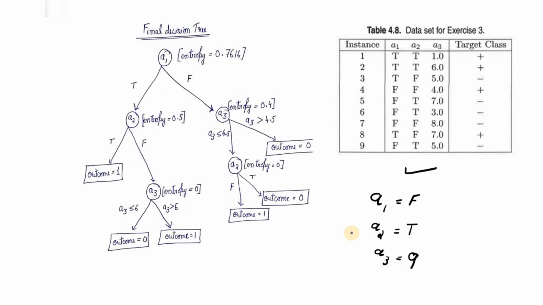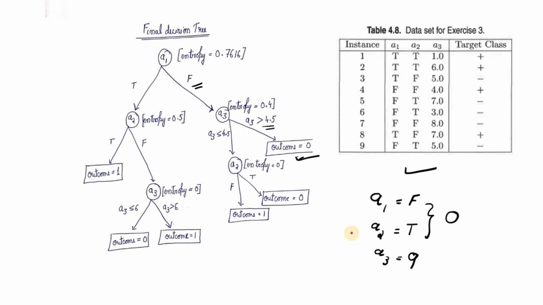If A1 is false, then going through the decision tree, we will be here. Since we need to check the value of A3, and the value of A3 is 9, which is above 4.5, this condition gets satisfied, and this gives me a leaf node whose outcome is 0. So the outcome of this data point will be 0, a negative class.